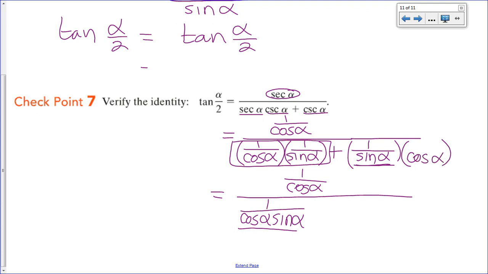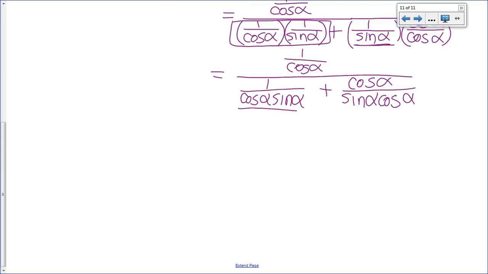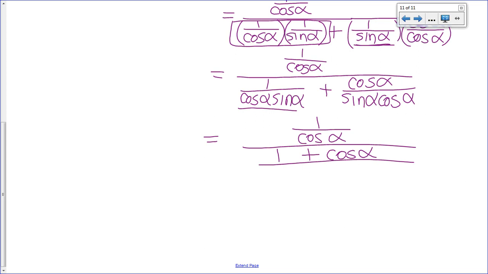But whatever I do to the bottom, I need to do to the top. And that will give me cosine alpha over sine alpha cosine alpha, which is commutative, so it's the exact same thing. So 1 over cosine alpha divided by 1 plus cosine alpha over cosine alpha sine alpha.